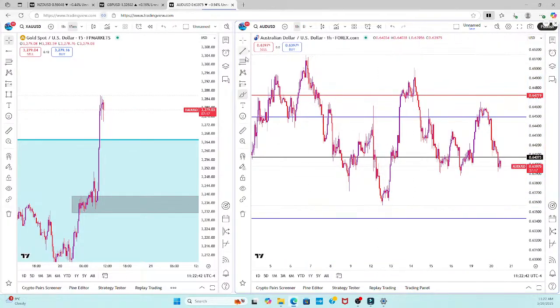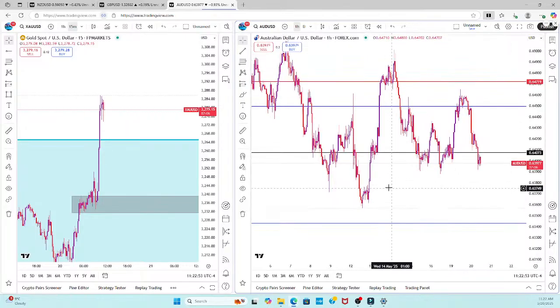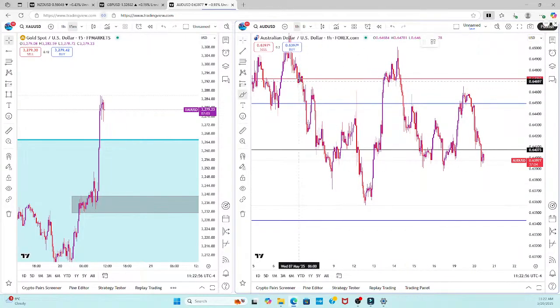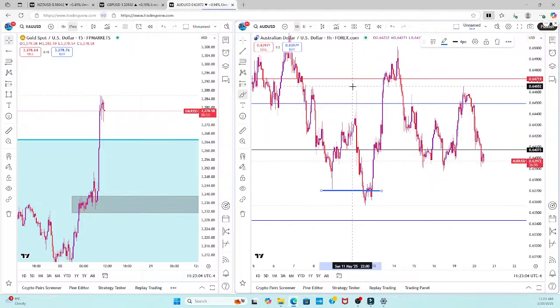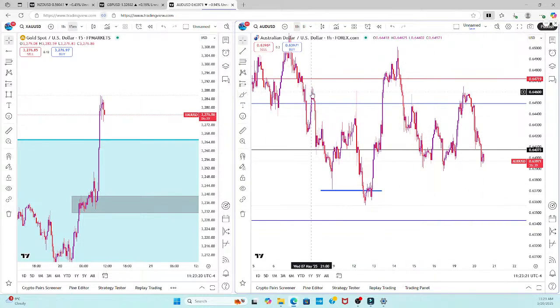Then the price went back up to retest this previous lower high, which is a strong area for a short, and price ended up breaking above it, then it came back down.